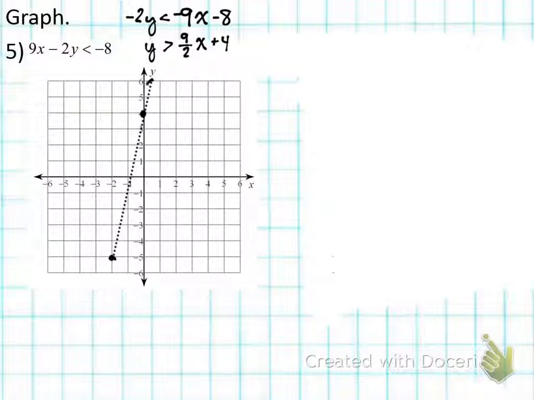And we have to draw arrows at the end, of course, because we know that this goes on forever. And it's shaded greater than, so it's going to be above. So pretending that I'm walking on the line, it's going to be up here. No, that looks bad. Okay, and that's it. All right.